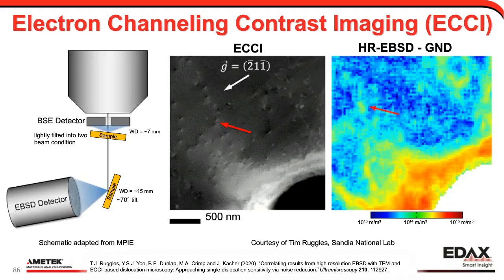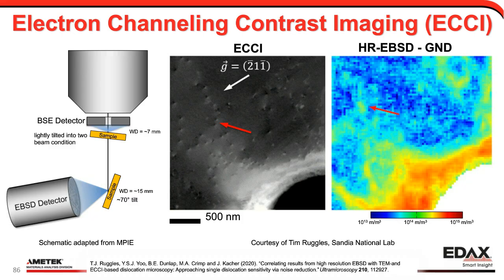Another one that I'm seeing much more in papers and at conferences is the use of electron channeling contrast imaging, ECCI. You can do this in the SEM, which is convenient, as EBSD is also an SEM-based technique.